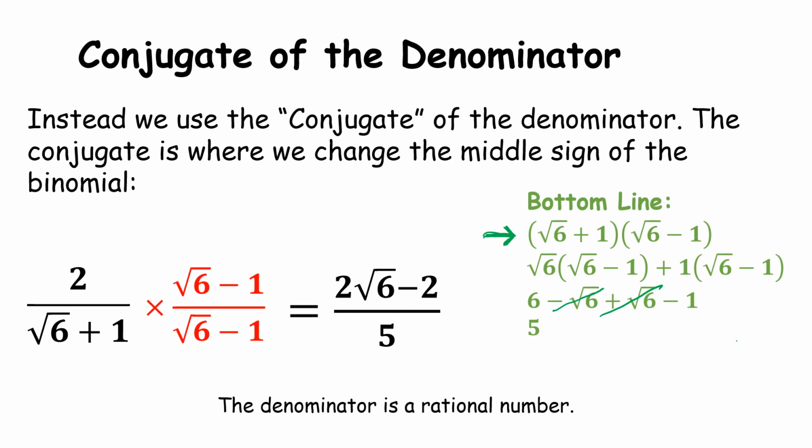So the conjugate is where you take that binomial and you change the middle sign. It's important to note that it's not both signs because that won't help. It's just the middle sign. To be honest, it doesn't matter if you wrote that as 1 plus root 6 and then change the root 6, it doesn't matter as long as it's the middle sign in how you've written it.